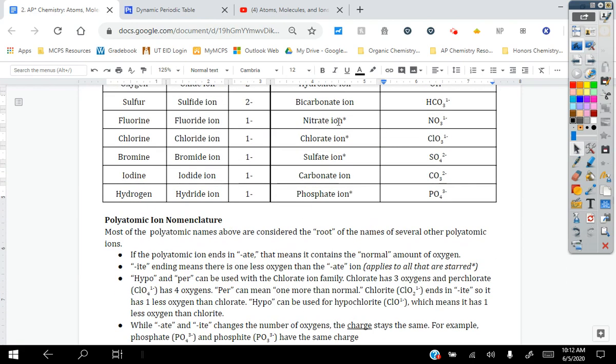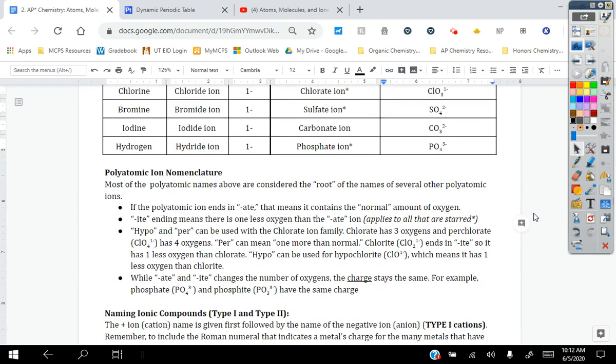So as you follow along, make sure that if you have nitrite, that's one less oxygen; chlorate, one less oxygen than written here; sulfate, one less oxygen than what's written here; and phosphate, same thing, one less oxygen than what's written here. With the chlorate family, there are actually 4 polyatomic ions in total. There's perchlorate, chlorate, chlorite, and hypochlorite.